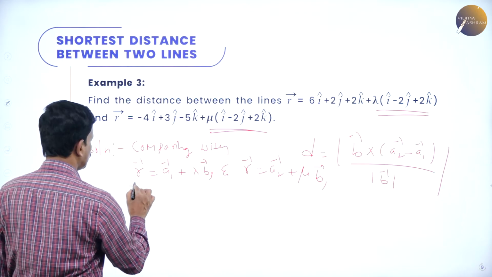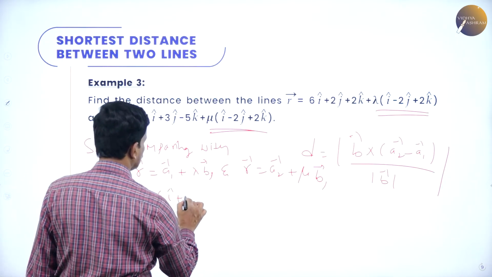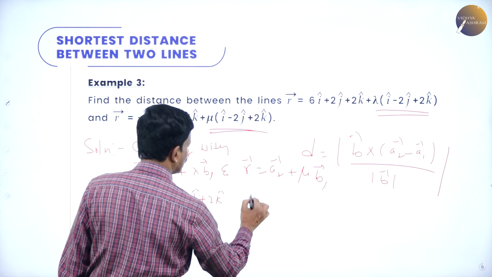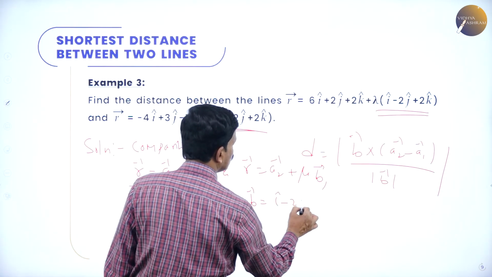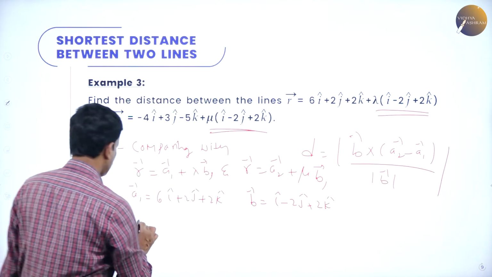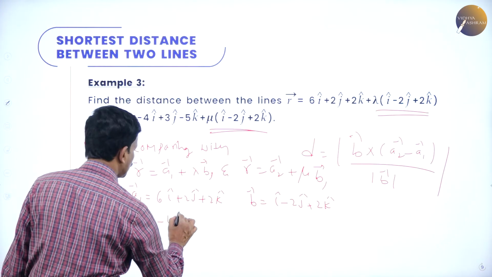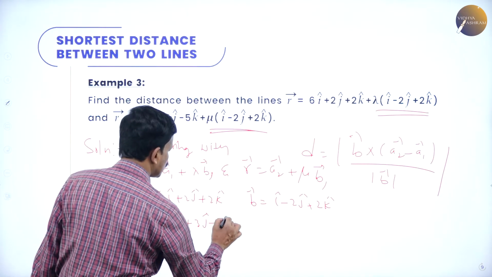Therefore vector A1 is 6i + 2j + 2k, vector B is the same for both, that is i − 2j + 2k, and vector A2 is −4i + 3j − 5k.